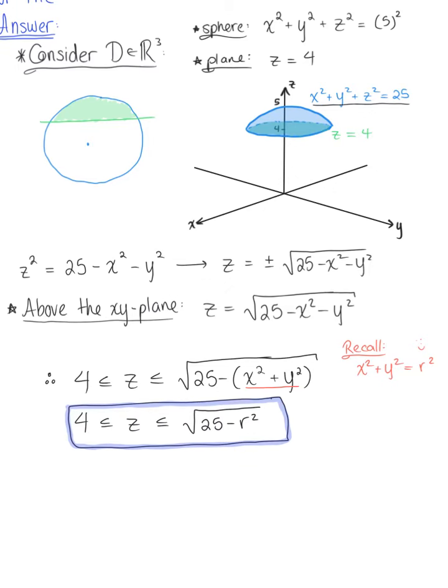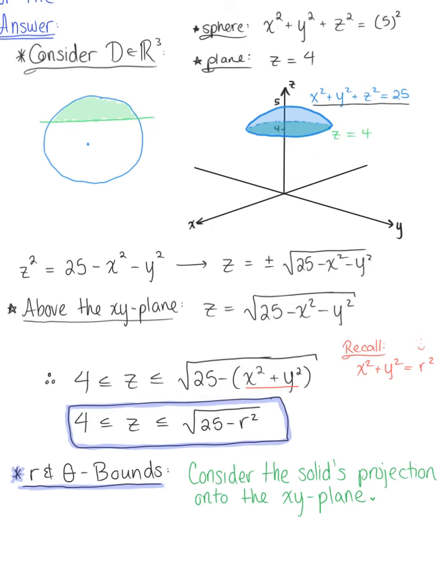Beautiful. So we have officially determined the z bounds. Now, all that's remaining in this setup is to find the r and theta bounds. To find the r and theta bounds, we need to consider the solid's projection onto the xy plane.